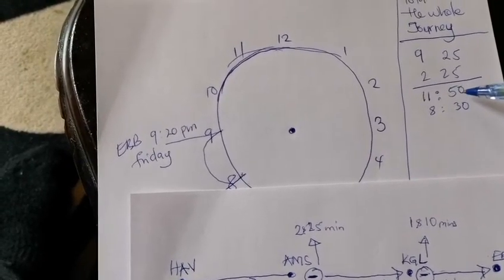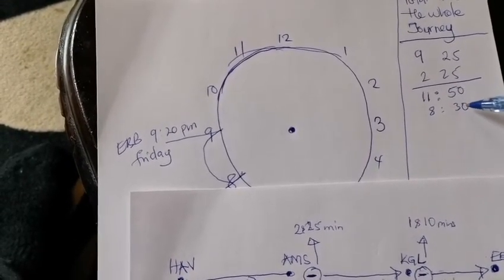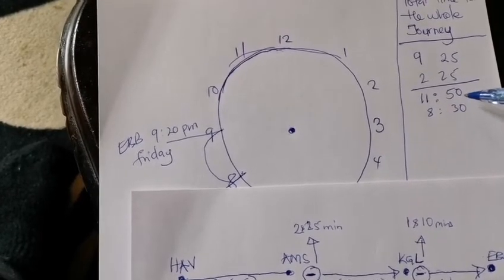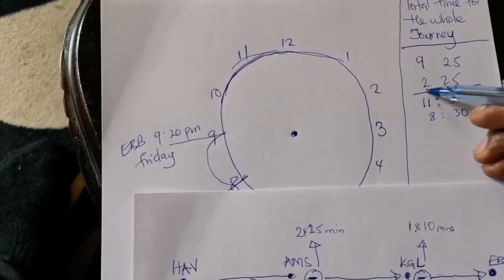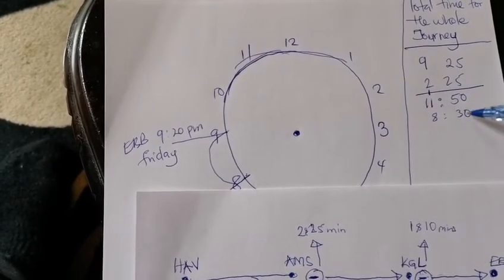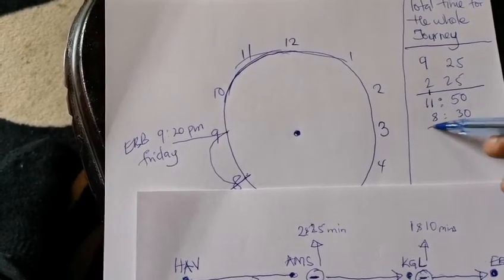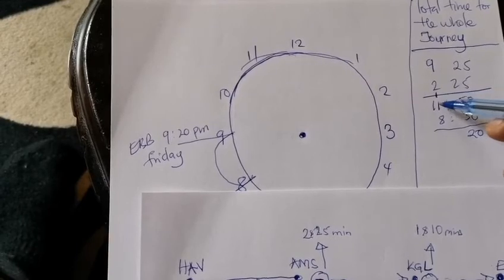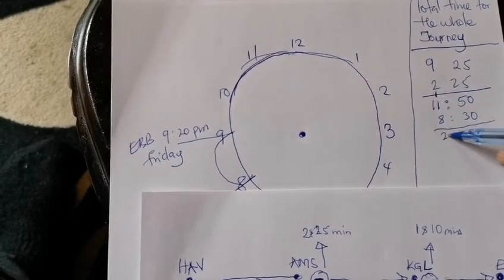So right here we get 50 minutes plus 30, which gives us 80 minutes. So what we do here, we carry 1 hour to this. 1 hour is equivalent to 60 minutes. So meaning we remain with 20 minutes right here. So when you add an hour here, they become 12 hours plus 8, which is 20 hours.